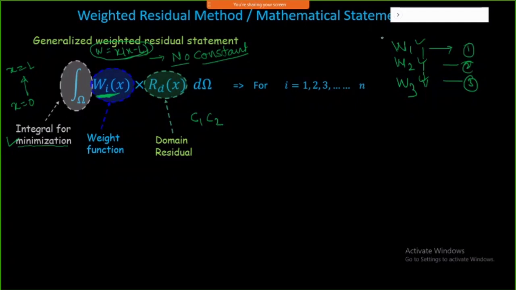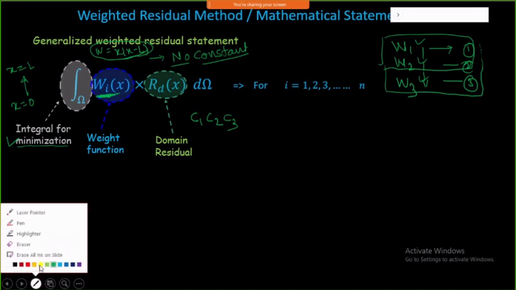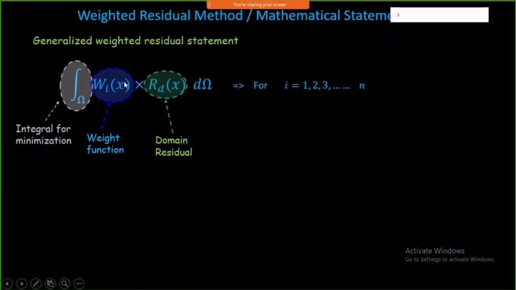Then I have to go only for W1 and W2 functions. If I assume one more constant, I have to go for W3, like this. So this particular statement is called a weighted residual statement, because it is taking a weight value, taking a domain residual, multiplying them, and integrating over the domain.